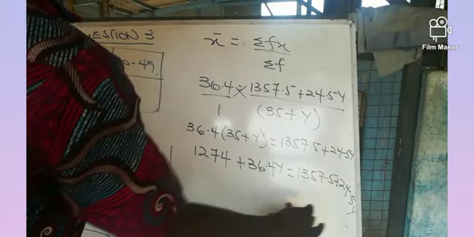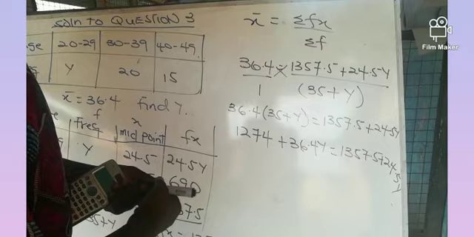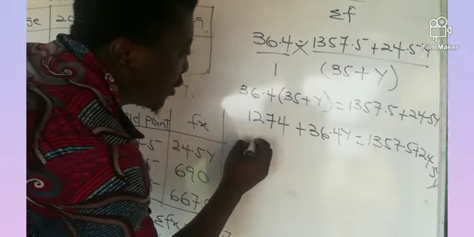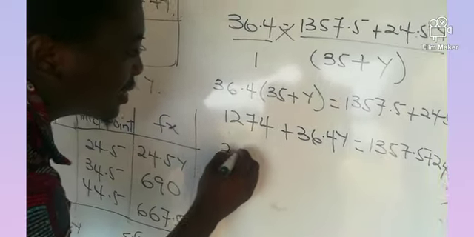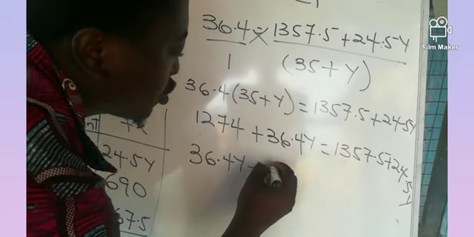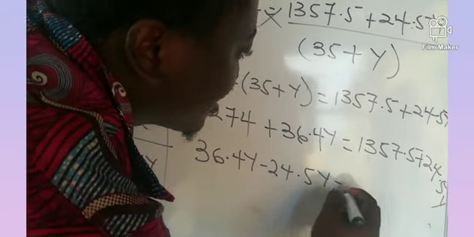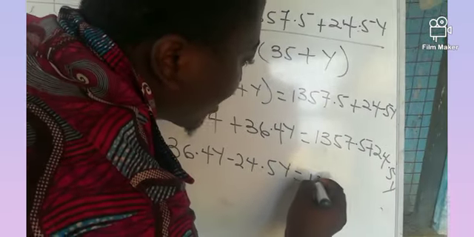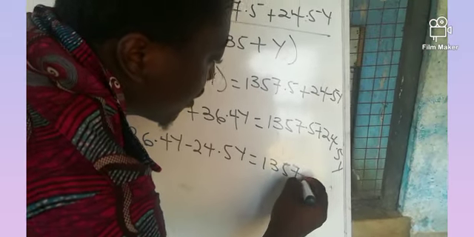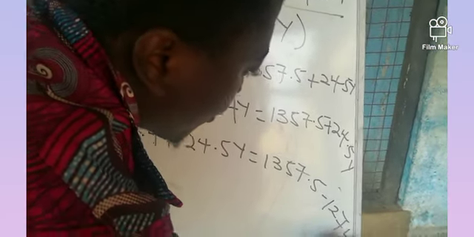So we can bring the 24.5y here and the 1274 to the other side. So what are you going to get? You have 36.4y minus 24.5y is equal to 1357.5 minus 1274.